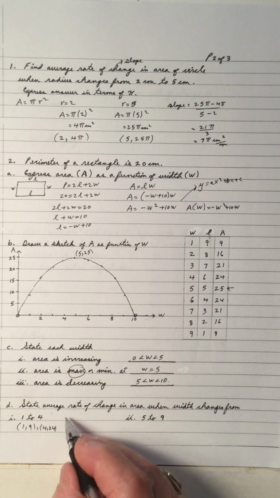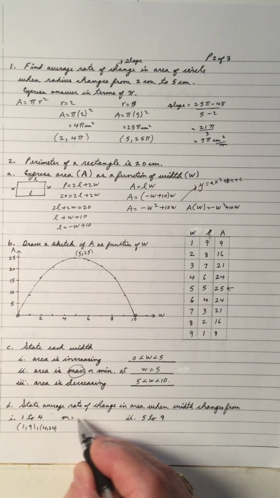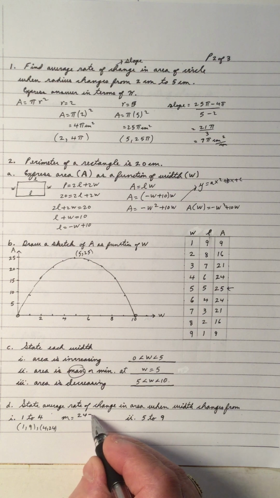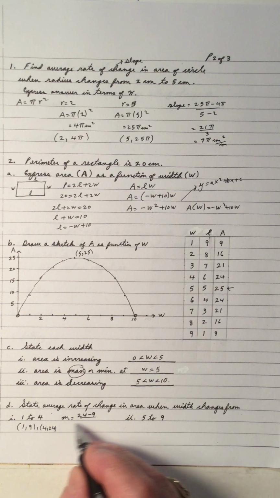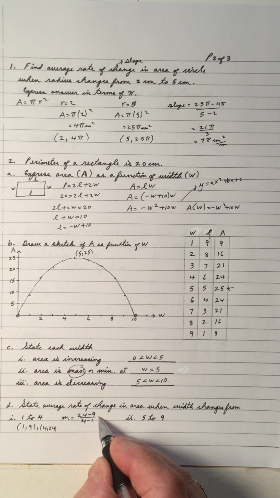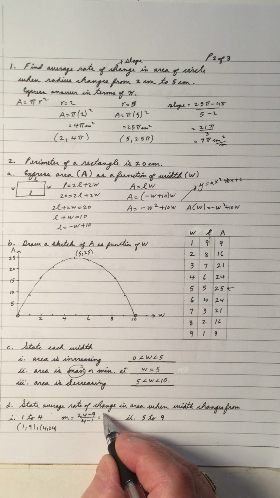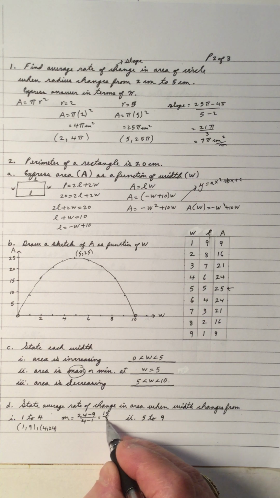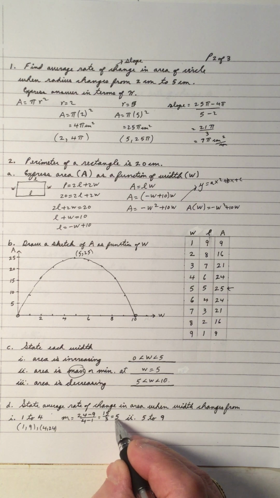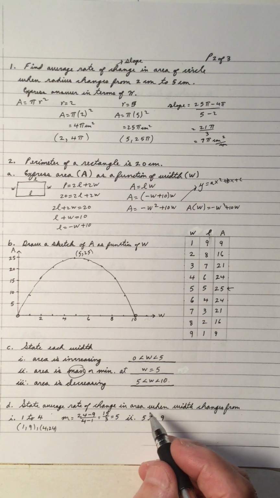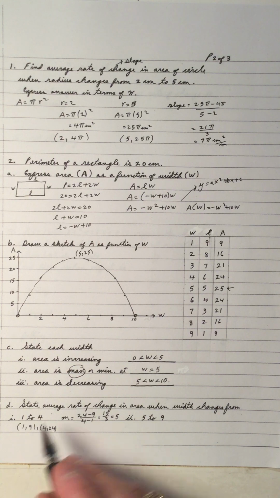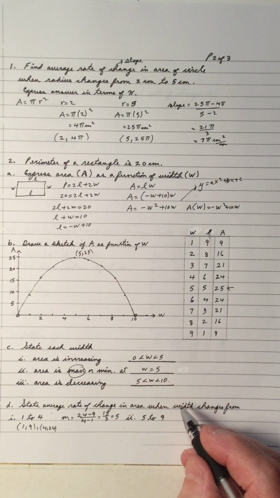So let's convert to the slope. The slope is (24 minus 9) over (4 minus 1), which is 15 over 3, so that's a 5. So from 1 to 4, the average rate of change is 5.